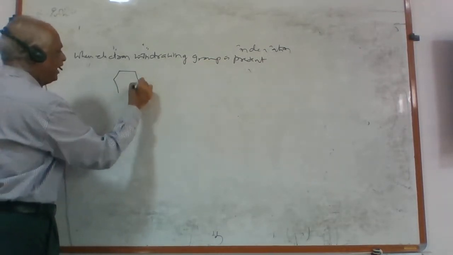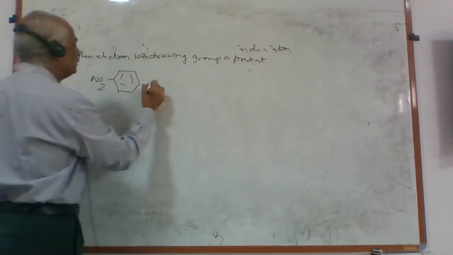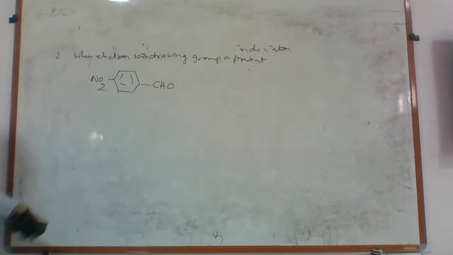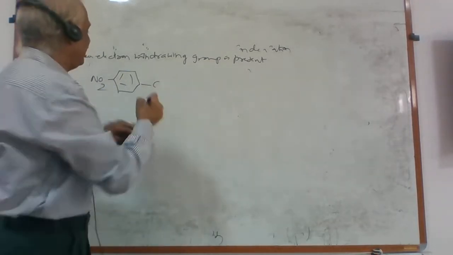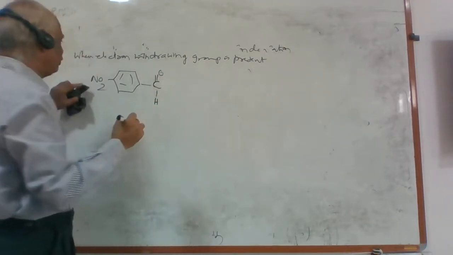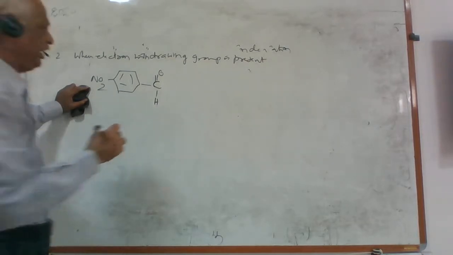Therefore, I take the compound para-nitrobenzaldehyde. That means you have a nitro group present at the para position, which is a strong electron withdrawing group.